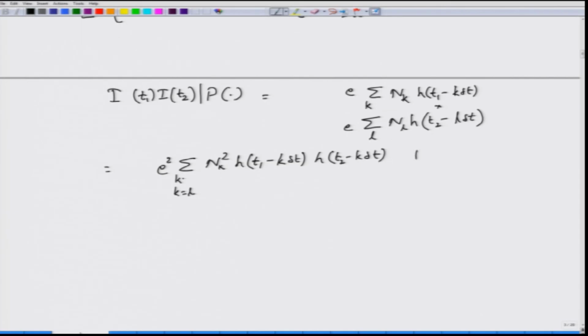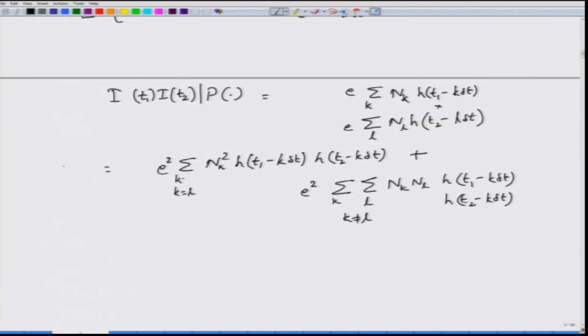This is the first term. Plus you have one more term, again with E, and the double summation over k and L, n k n L h of t1 minus k delta t, h of t2 minus L delta t. Clearly k must not be equal to L in this second expression.